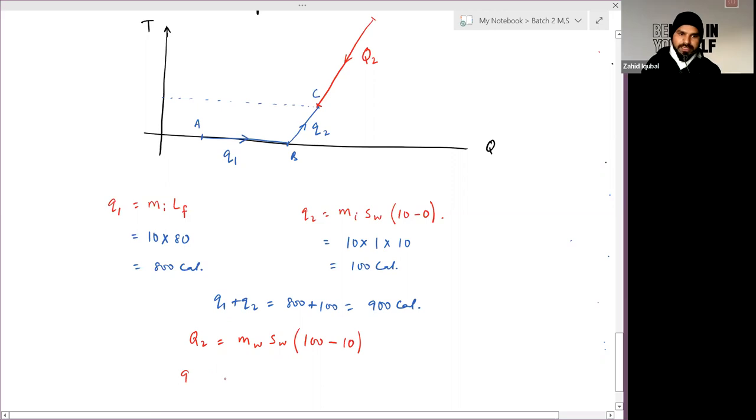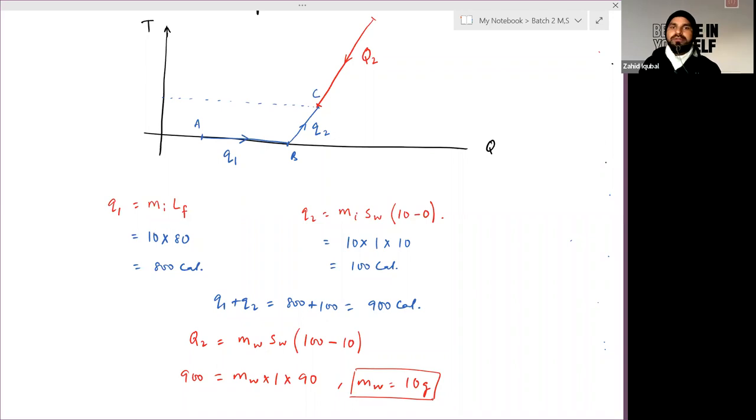So it will be 900 equals mass of water times 100 minus 10, that is 90. On solving, you will get mass of water equals 900 divided by 90, that is 10 gram. So for this process, we need 10 gram of water to complete this particular conversion of ice.